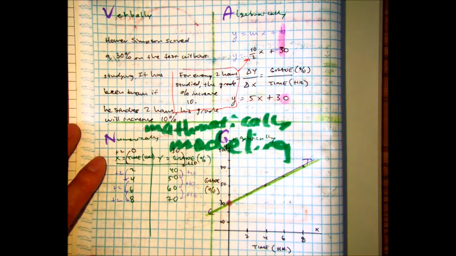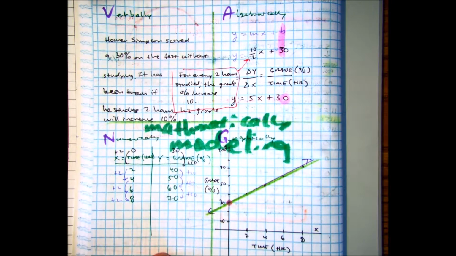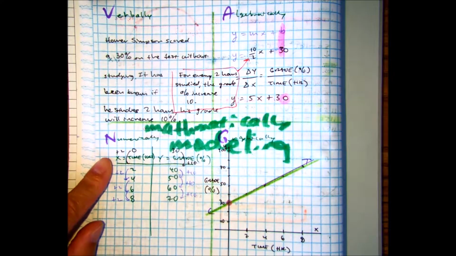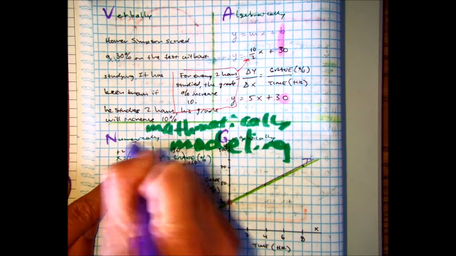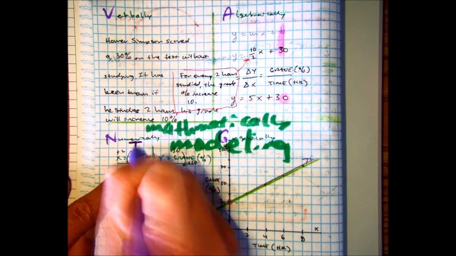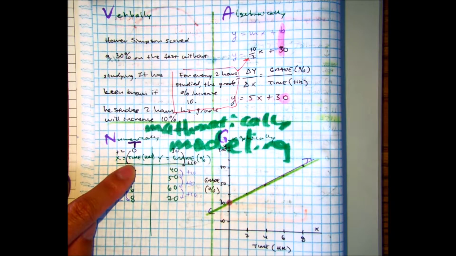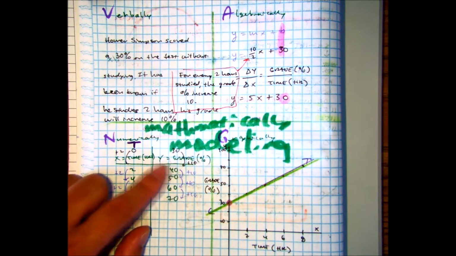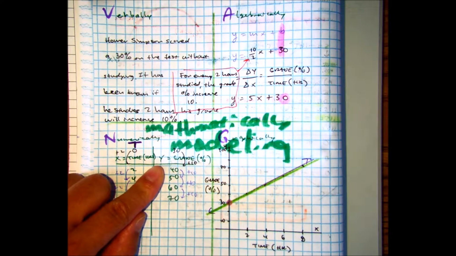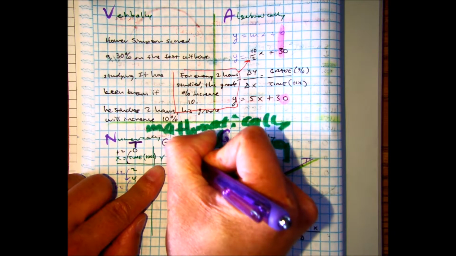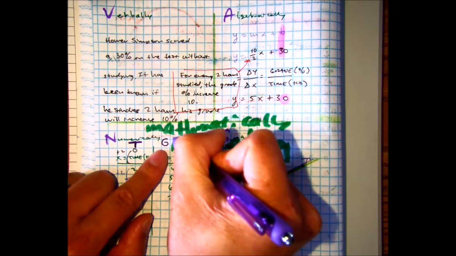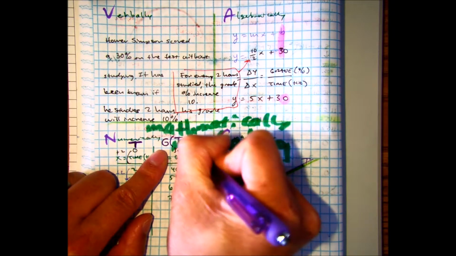Let's write one more thing. Let's make it a little bit fancier. The x-axis measures what? Time. So let's put t here. And y measures what? Grade. So let's write g. But pay attention here. I'm going to change this to function notation. Your grade is a function of time.